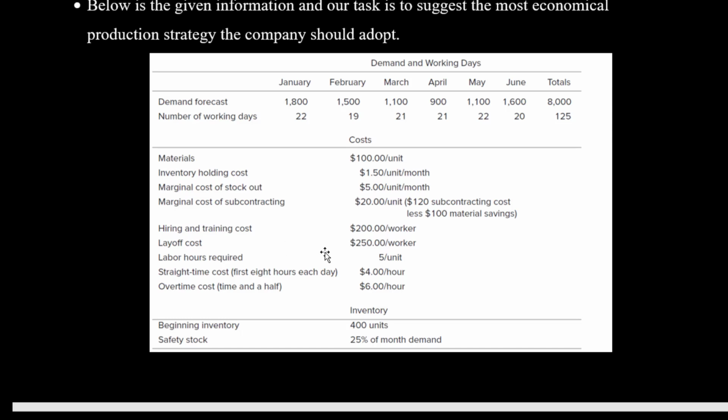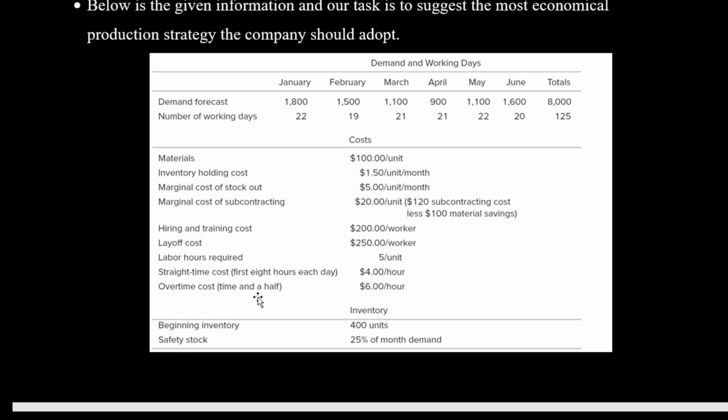The hiring and training cost, whenever you hire workers, is $200 per worker. If you are firing or removing any worker, you have to bear a layoff cost of $250 per worker. The labor hours required is 5 per unit. That means for 1 unit of production you require 5 labor hours.